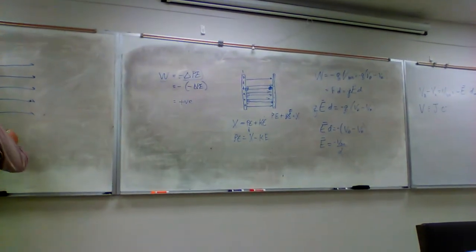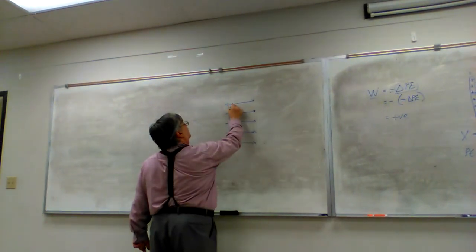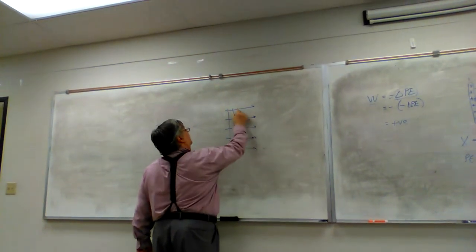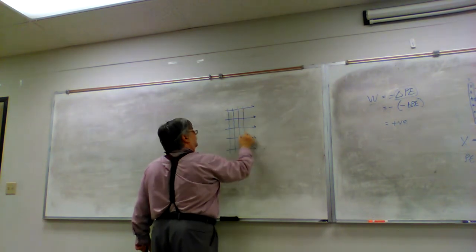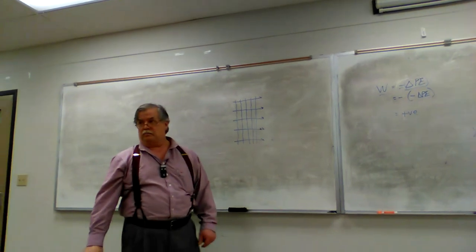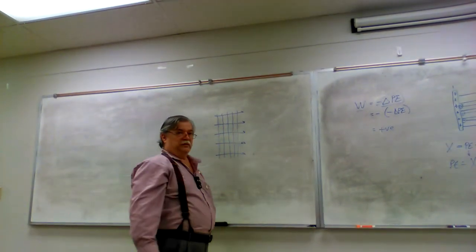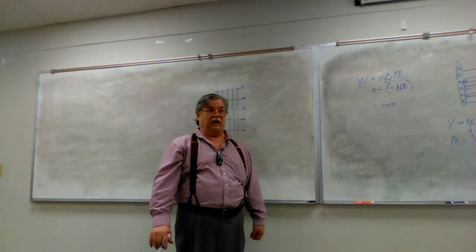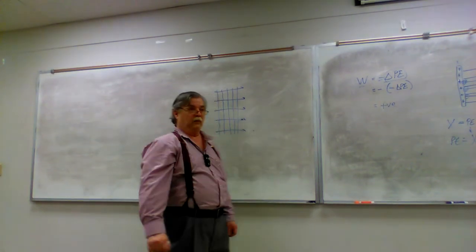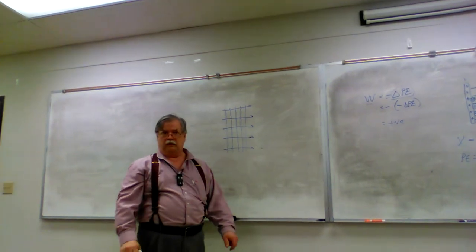So you plot a line every so many volts. They're going to be a certain number of meters apart. You'll get nice, uniform, perpendicular lines of equipotential, or equipotential surfaces in a three-dimensional electric field.